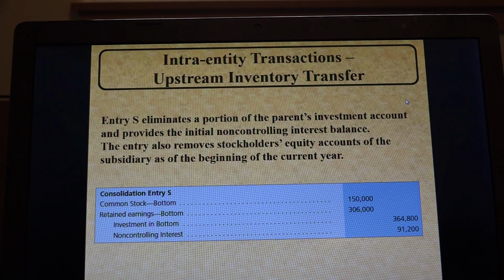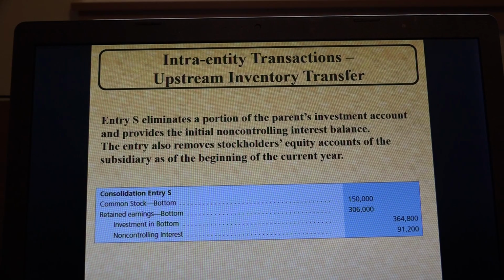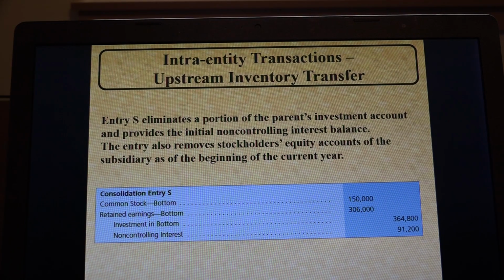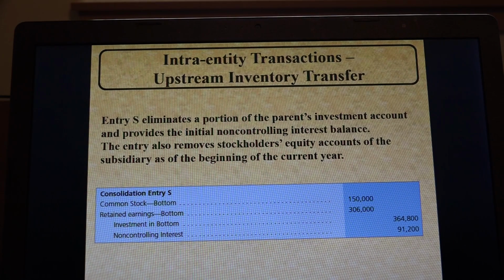Note here that when you're doing your other consolidating entries, because you've made this star G adjustment to Bottom's retained earnings, basically it's reduced Bottom's retained earnings from 310,000 down to 306,000.